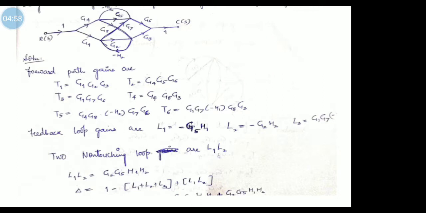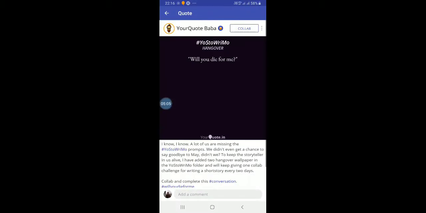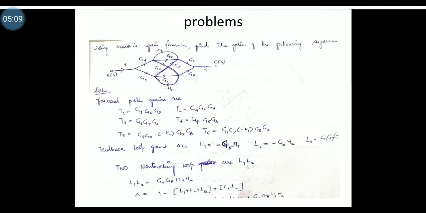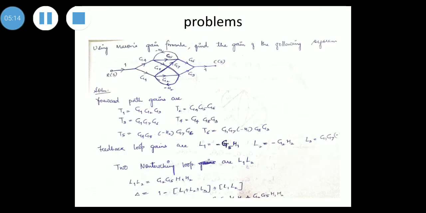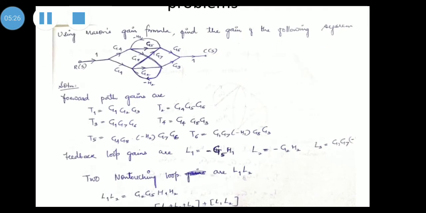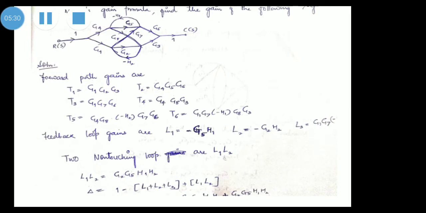L1 is minus G5H1 and L2 is minus G2H2. The product of L1 and L2 will be minus G5H1 into minus G2H2, which will give you G2G5H1H2.